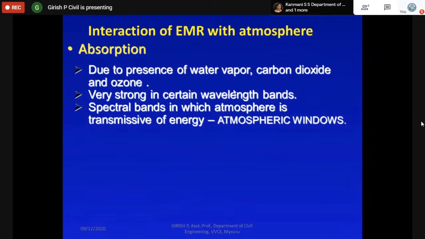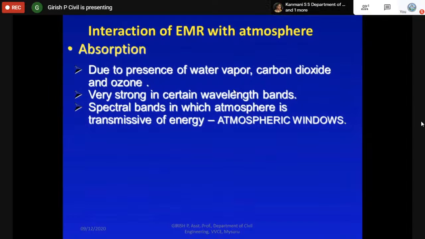When I speak of the absorption process, it always depends upon three important constituents: water vapor, carbon dioxide, and ozone. These three constituents absorb radiation.